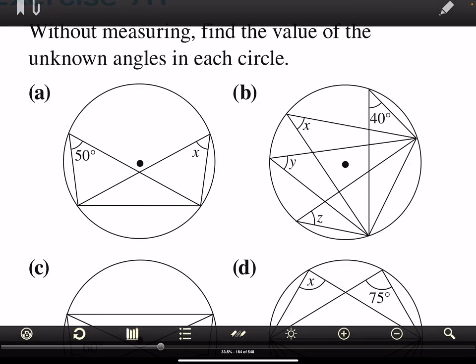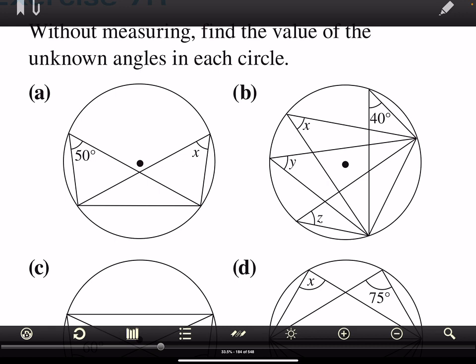And you get stuff like this. All of them, if you look at, for example, B, all the angles are the same. They're all 40. They all extend from the same chord and come back to the same chord.